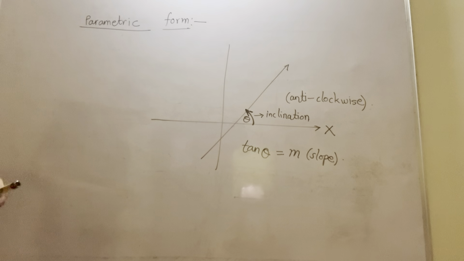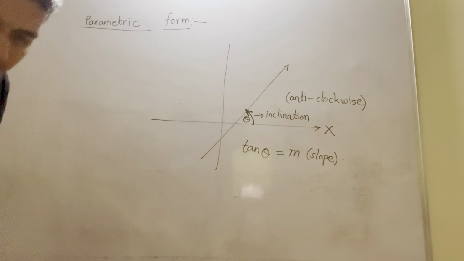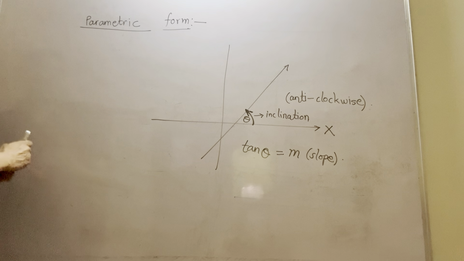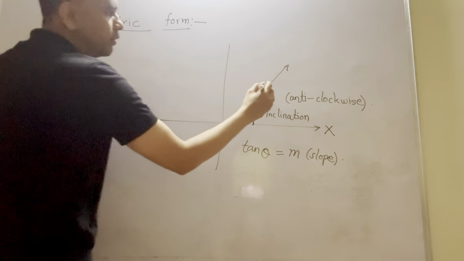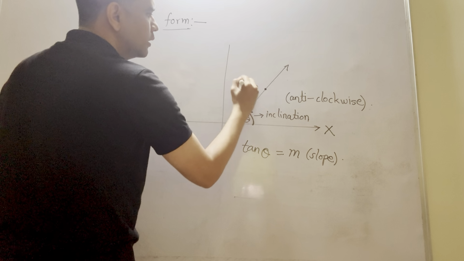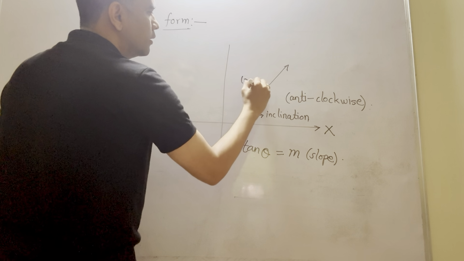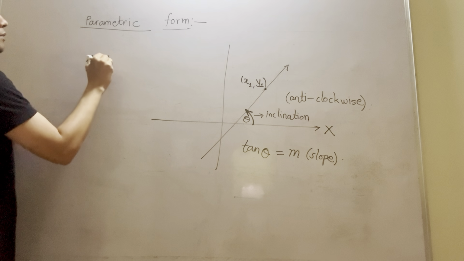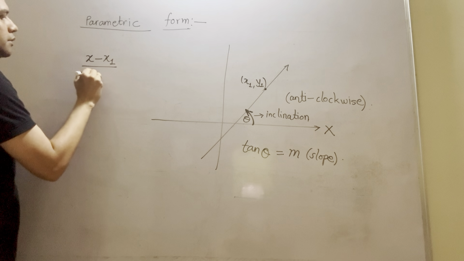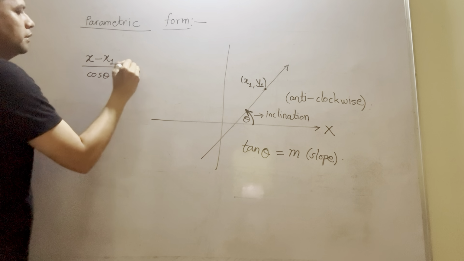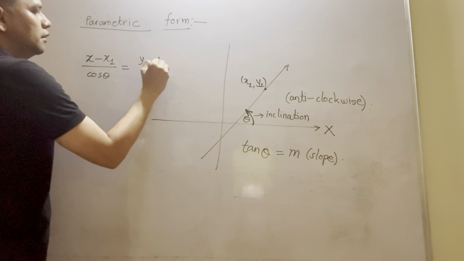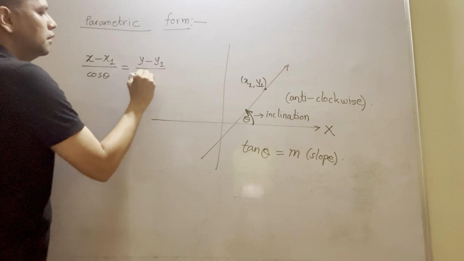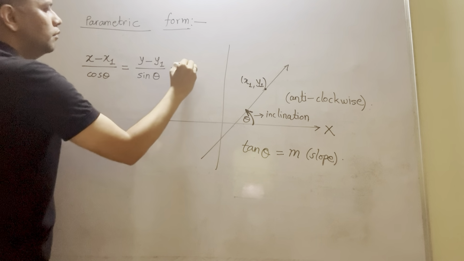Now, what they say is the parametric form of equation of a straight line is given by, choose any point on this line, say x1 comma y1. Then the equation of a line is given by x minus x1 upon cos theta is equal to y minus y1 upon sin theta is equal to r.